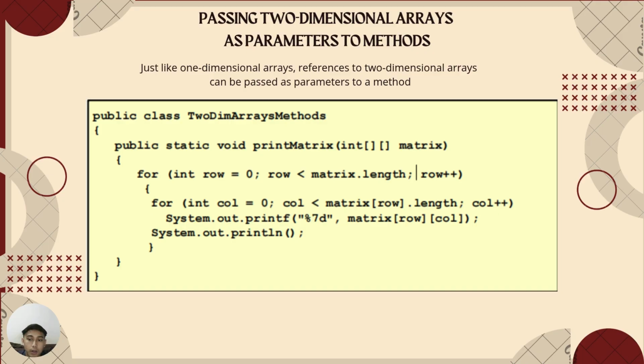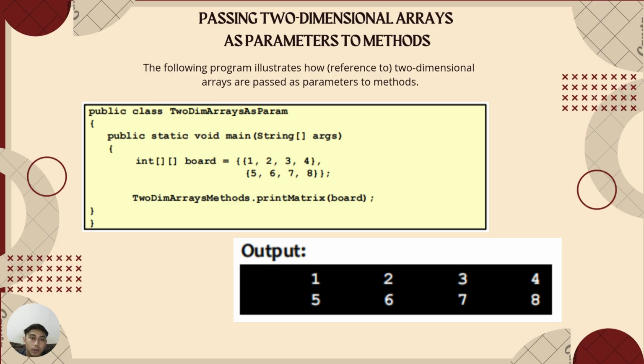For example, the print matrix method can display all the elements in a two-dimensional array. This is an example of passing a two-dimensional array as a parameter to a method. The following program illustrates how references to two-dimensional arrays are passed as parameters of a method.